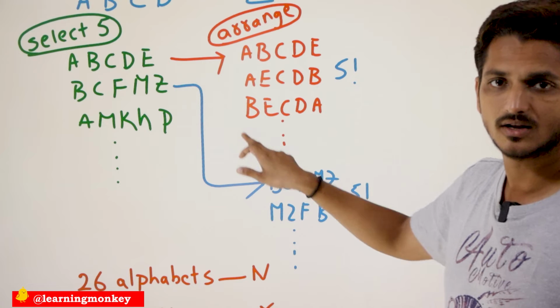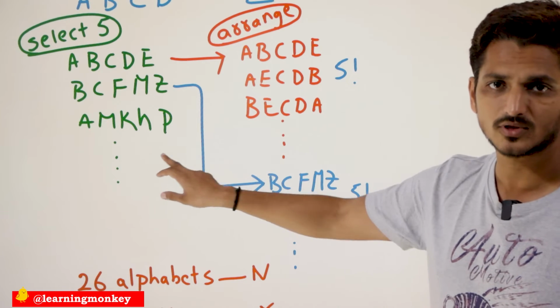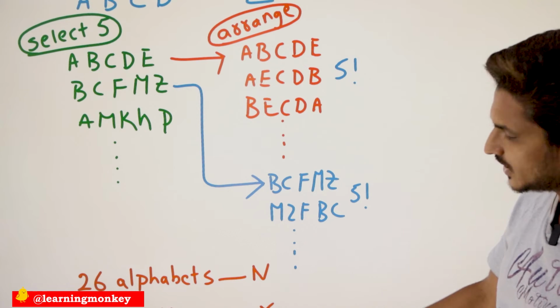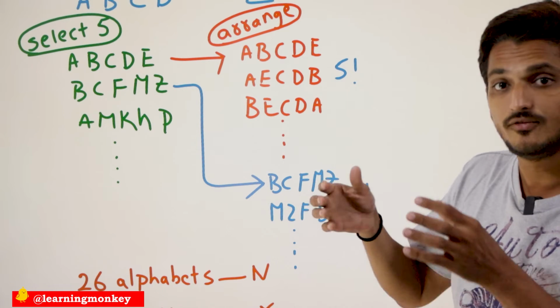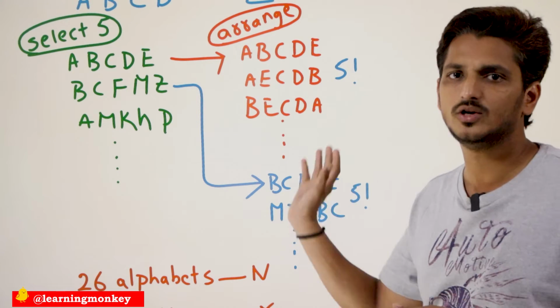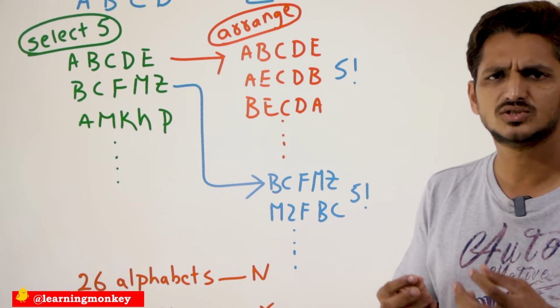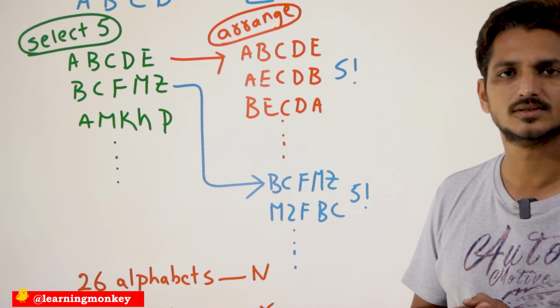For the second selection, 5 factorial ways. For the third selection, 5 factorial ways. For the fourth selection, 5 factorial ways. You take all the total arrangements. If you divide these total arrangements by 5 factorial, you are going to get selections. That is simple division. That is what this division means.